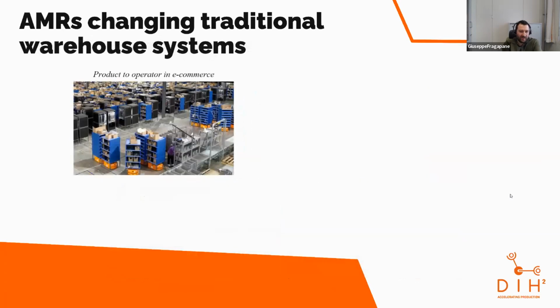AMRs are changing warehouses as well. Warehouses are quite automated, but you need quite a lot of variability when it comes to e-commerce. You can see here you're changing how you do the warehouse. The person is not going to the shelves; the shelves are coming by themselves to the picker.